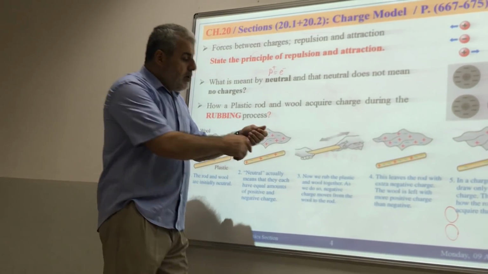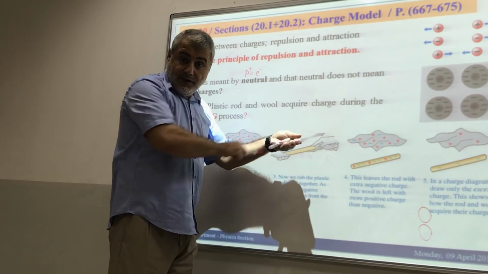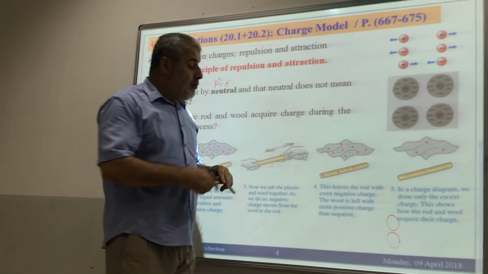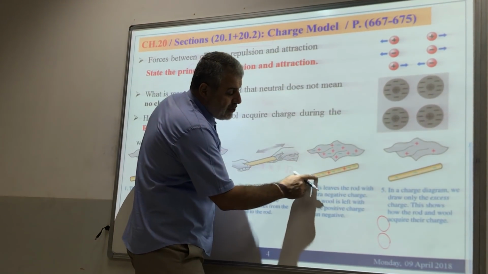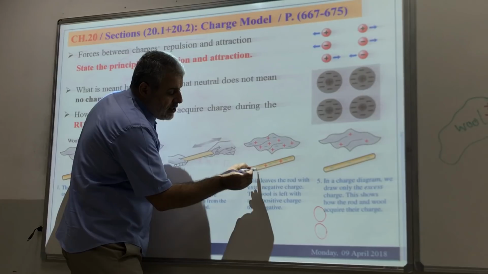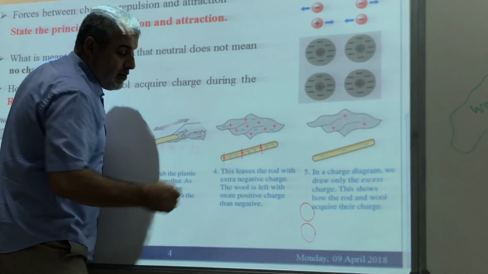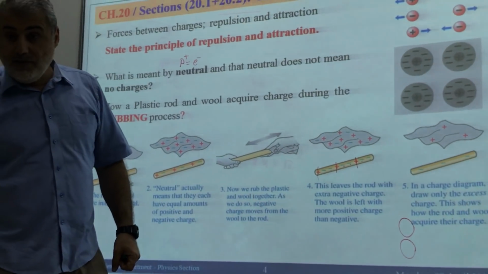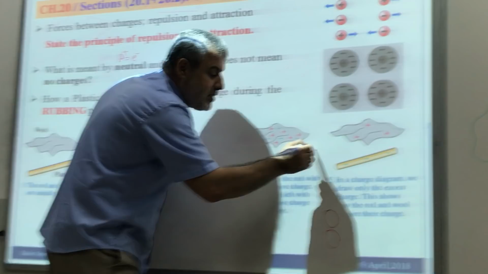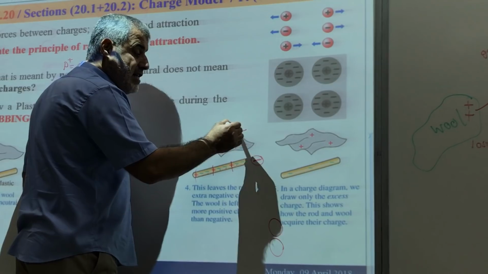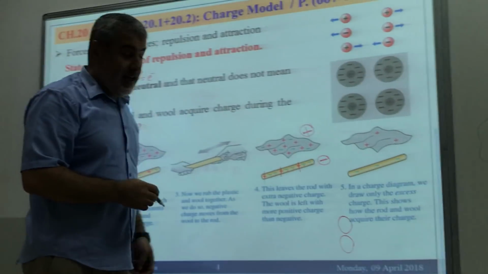When we rub them, we will have more electrons in the plastic rod. Count them: 1, 2, 3, 4, 5, 6. And how many protons? 3. So we have 6 electrons, so the total charge is negative, and here the charge is positive.